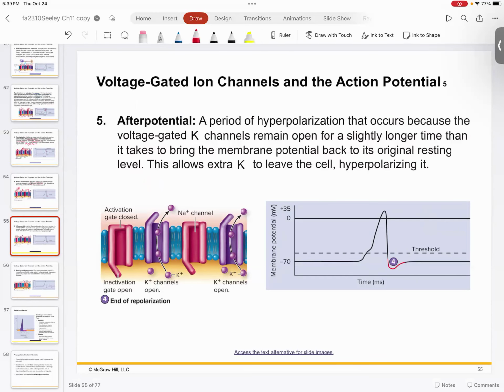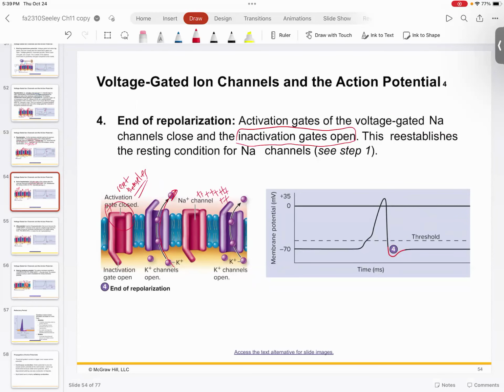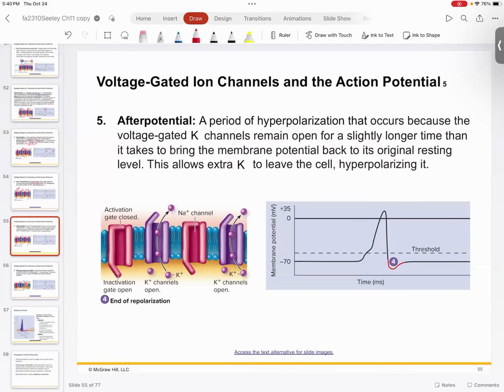Now, the after potential, now this is kind of the beginnings of it, right? So basically you go below threshold and you go a little beyond resting membrane potential because of the increase in potassium that's coming out. So this keeps piling up out there, hyperpolarizing it.